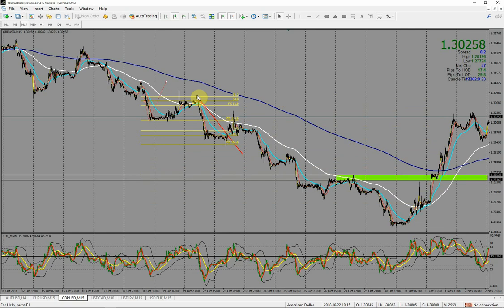So this is the 38.2, this is the 50% and 618. From 38%, my target is 127. And then from 50%, my target is 141. And then from 618, my target is 161.